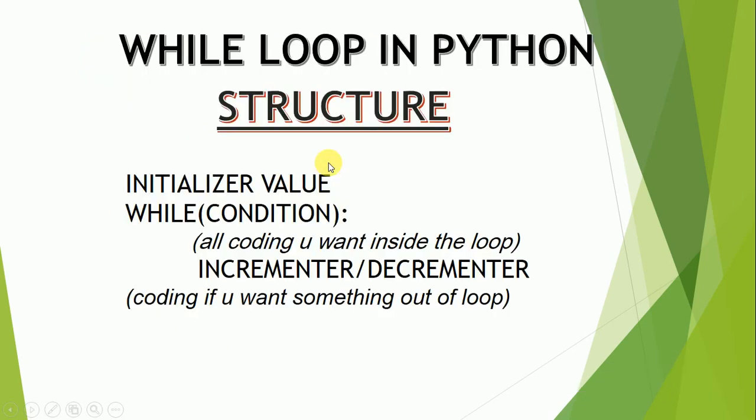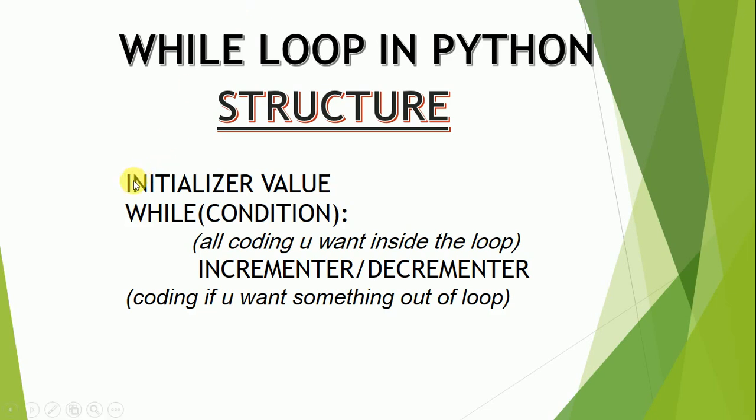Now this is the structure of while loop. First of all, I will tell you about the for loop. In a for loop, I just write the code for i or any variable in range, and then I write the print statement. But in contrast, in while loop, there are some special steps.